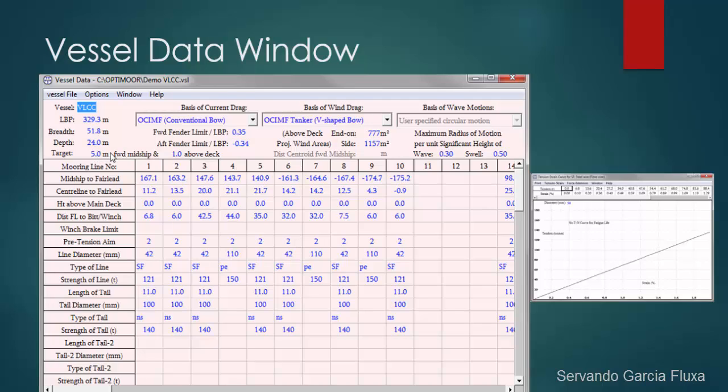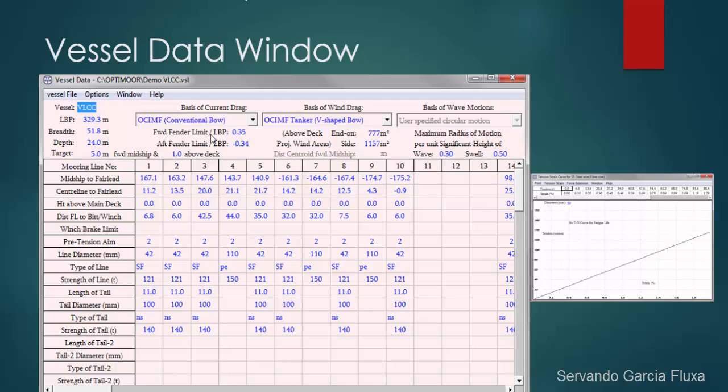Again, OPTIMOOR sometimes asks you several times for the same parameters, and they are updated on the other screens that you have been working with. So if you modify some parameter here that affects some other window, it's gonna vary in that window too. So don't worry about it. You don't have to be changing everything everywhere.